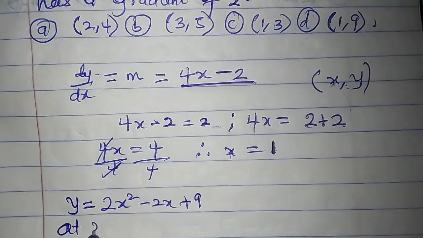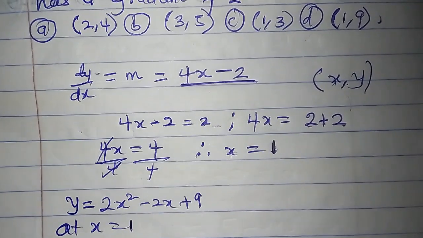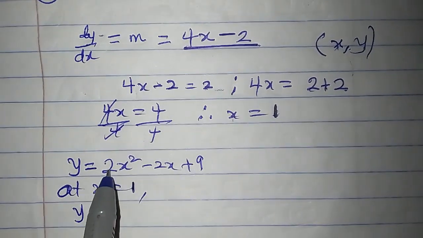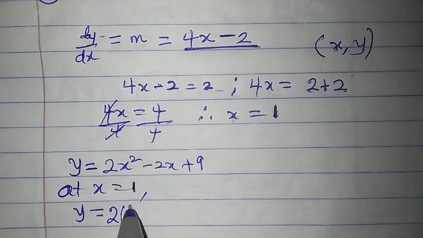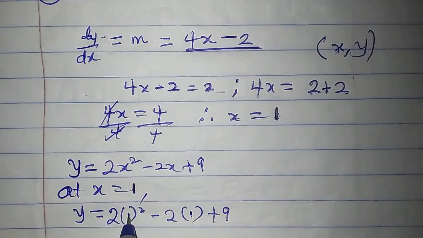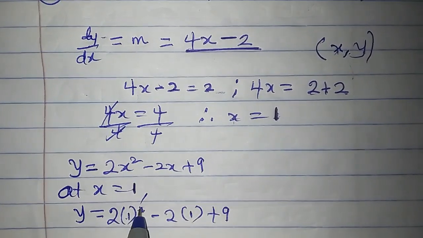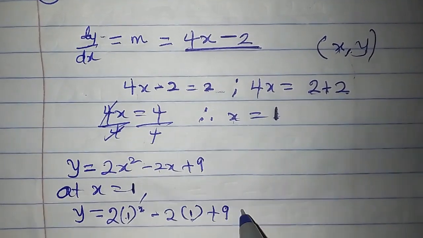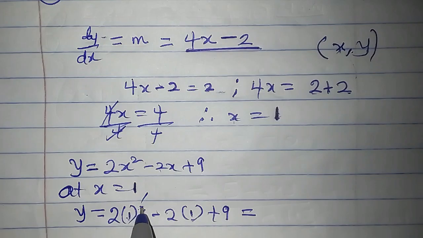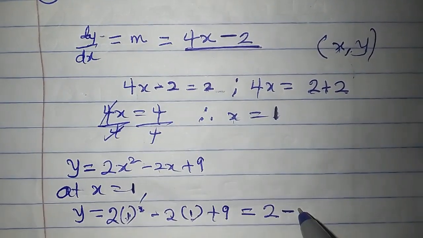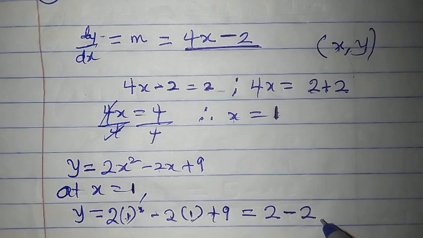So at x equal to 1, what's y? 2 times 1 squared minus 2 times 1 plus 9. This is the 1, this is the square, minus 2 times 1 plus 9. Okay, 1 squared is 1, 2 times 1 is 2. 2 times 1 is 2, plus what? 9.